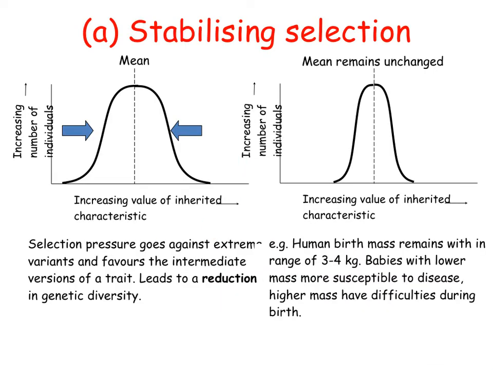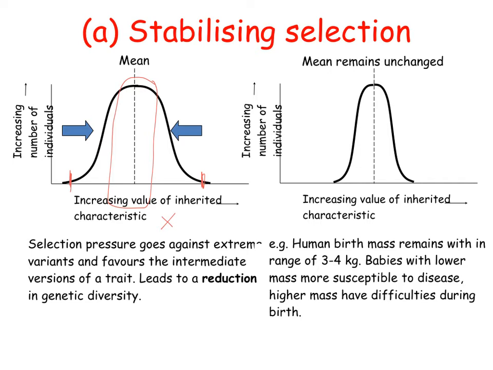So moving on, we're going to have a look first of all at stabilising selection. What we mean by this is, over here we've got our normal distribution graph, and there's some sort of pressure against extreme variance. So we're talking about individuals that are at the extreme ends of this normal distribution curve, and that pressure favours the individuals in here, who have the intermediate versions of the trait, and that leads to a reduction in genetic diversity.